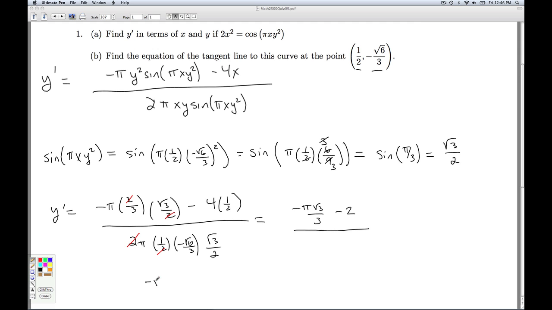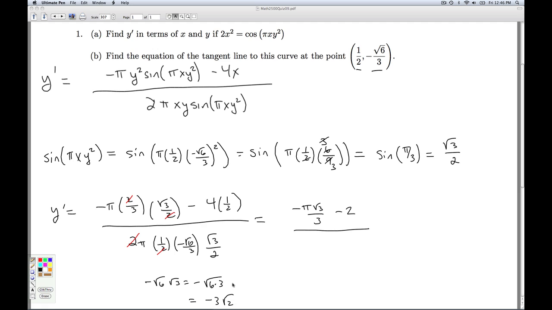So if I do this, negative square root 6 times square root 3, negative square root 6 times 3, this is negative 3 square root 2. So the 3 buddies up with the other 3 in there and comes out.